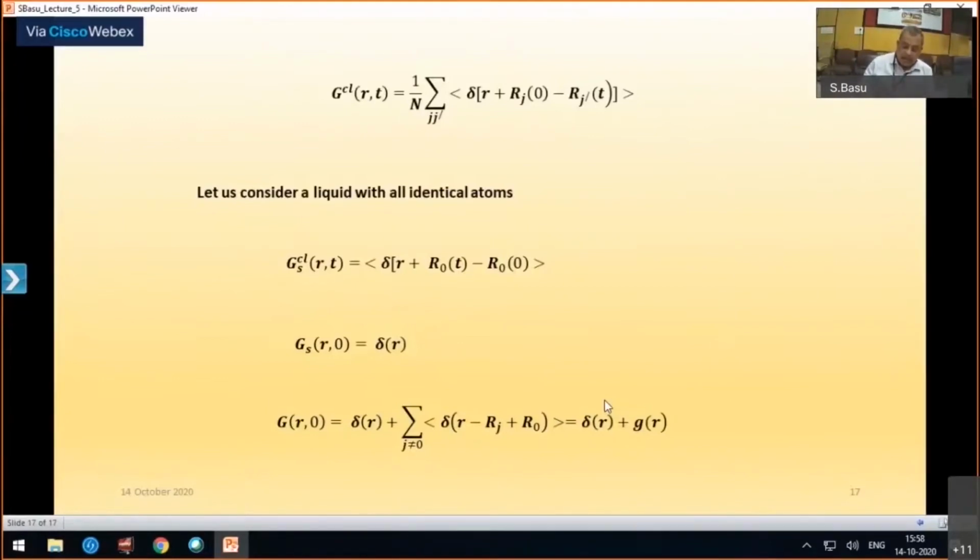Now you will see the actual experimental setups that I'll describe to you, with different Q ranges, because when I talk about G of RT, it envisages many time scales and many Q ranges. So I have a whole lot of Q range and a whole lot of time range to talk about, and the Fourier transform of that will give me the S of Q omega.